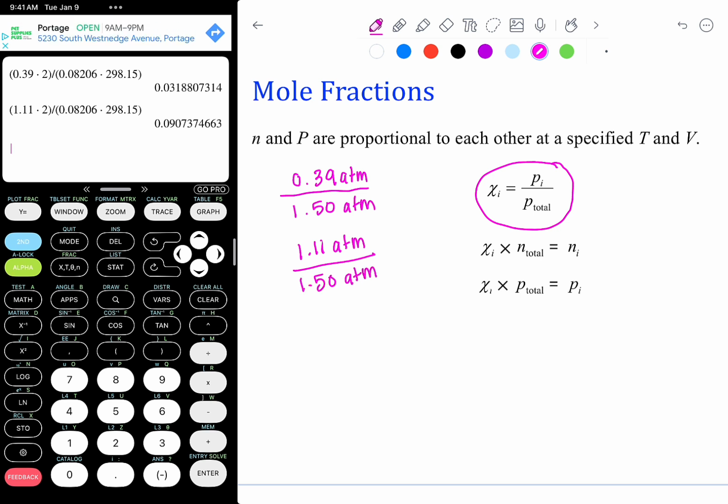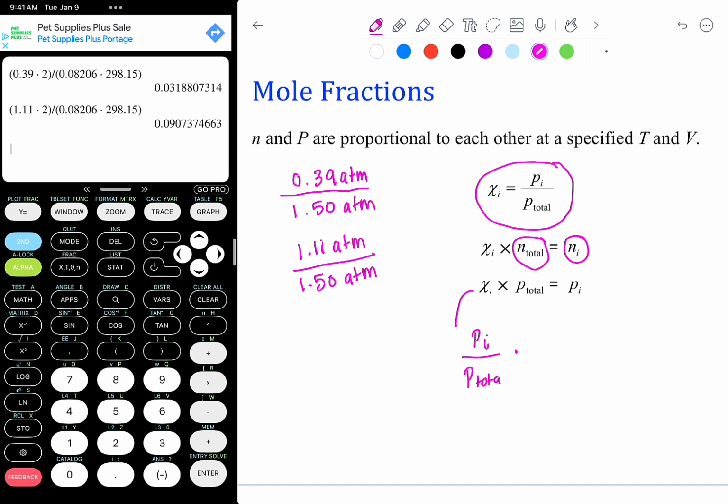So we can think of mole fractions and pressure fractions as the same thing. If we know the specific fraction, we can then multiply it by the total value and get the individual value back, right? Because the chi, I'm going to use it for pressure because we have it here, is P sub i over P total.